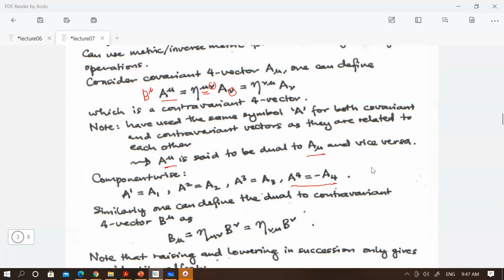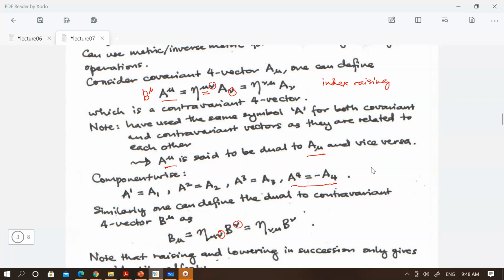Similarly, this is multiplying an inverse metric to a covariant vector. One can do a different thing. What we call this is index raising, because we raise this index to this index. We can do a different thing now by taking a contravariant vector, and then contracting this with a metric tensor, which is a covariant tensor.